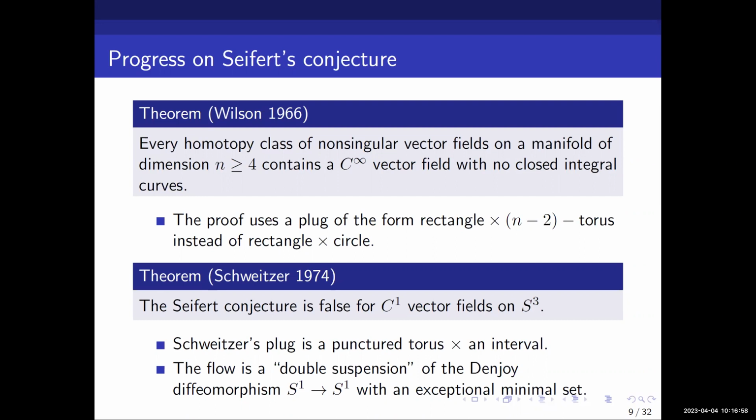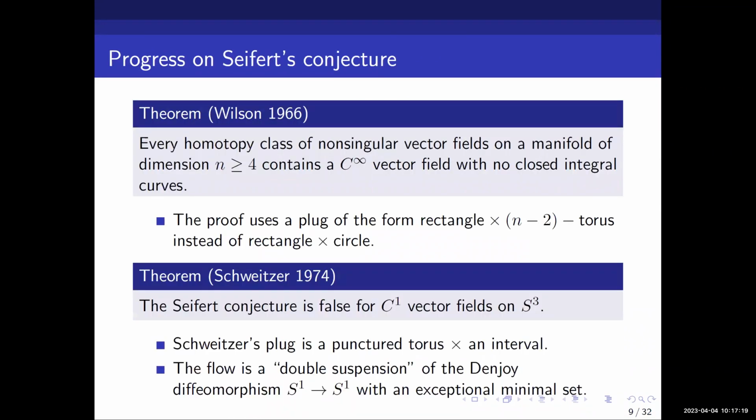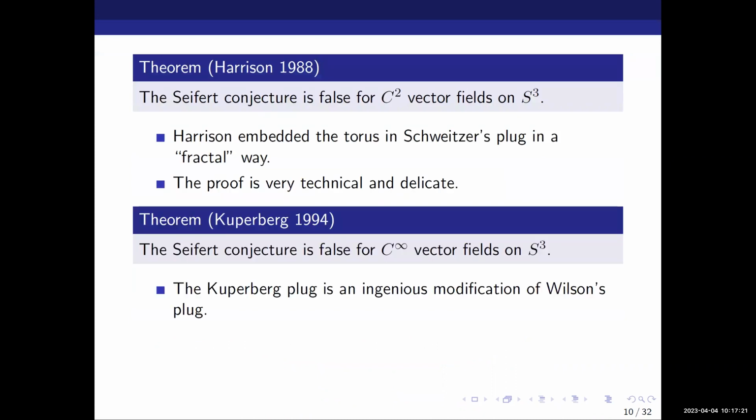She went back to the three-dimensional Wilson plug that I showed you. This guy. So this simple plug, which was not enough to break periodic orbits in dimension 3, it was only good enough to cut it down to 2 periodic orbits, right? So what she did is she just came up with an ingenious way to modify this Wilson construction.